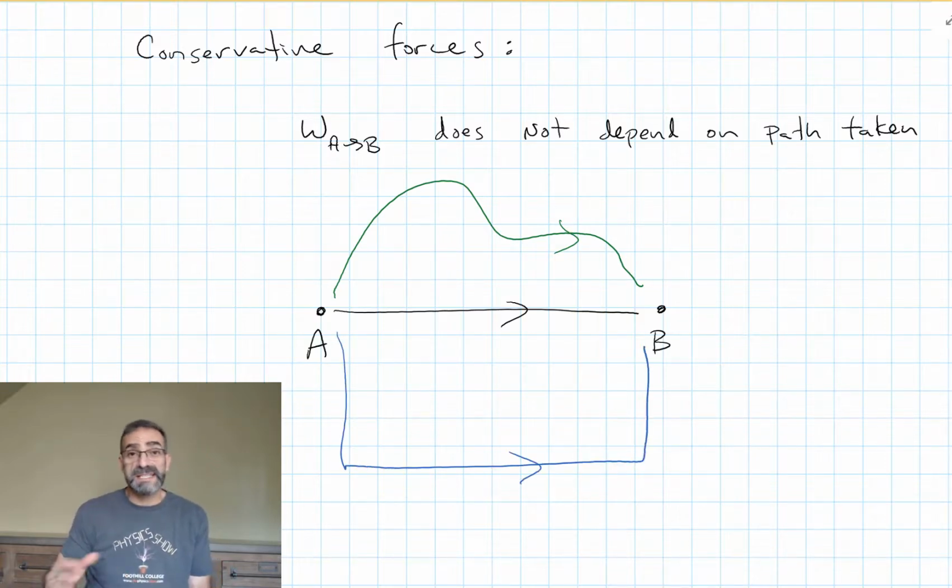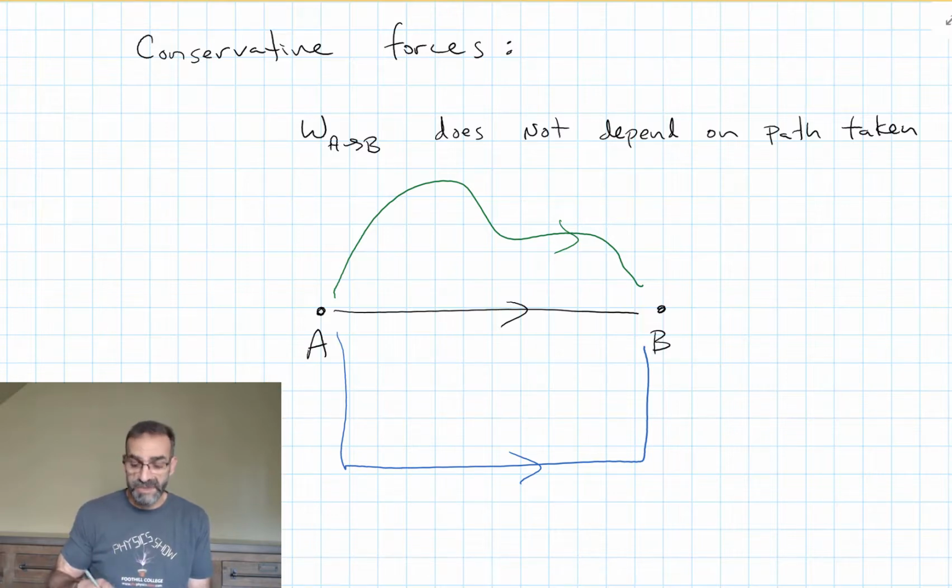The work done is the same in every case. For a non-conservative force, that's not true. So think about friction. If we pushed a box across the floor from point A to point B, on those three paths, the work done by friction would be different for each of those paths.